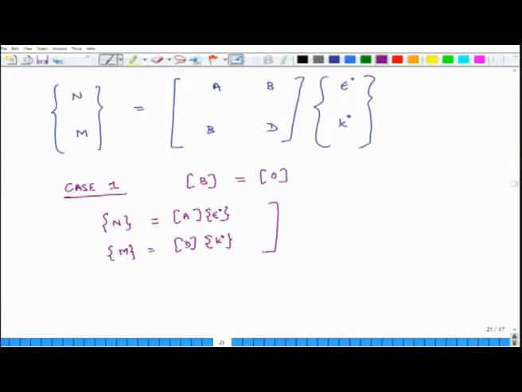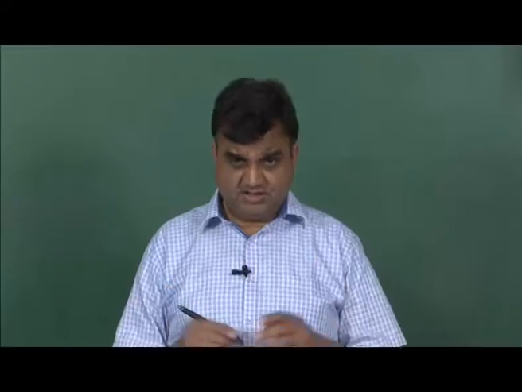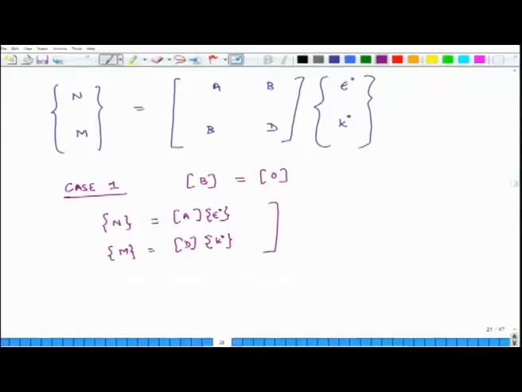So, what this tells us is that if for a laminate the B matrix is 0, and I apply only forces on the edge of the plate, so I am only stretching it, and I am not applying any moments, I am not trying to bend and twist it, then it will generate only strains, it will not generate curvatures.